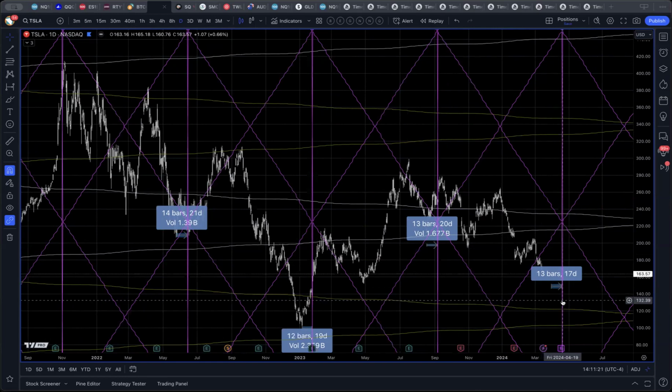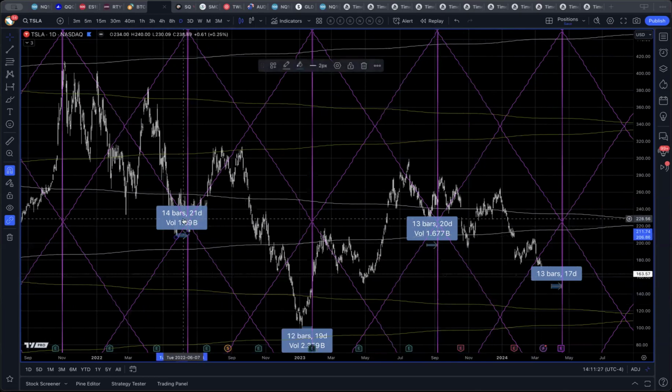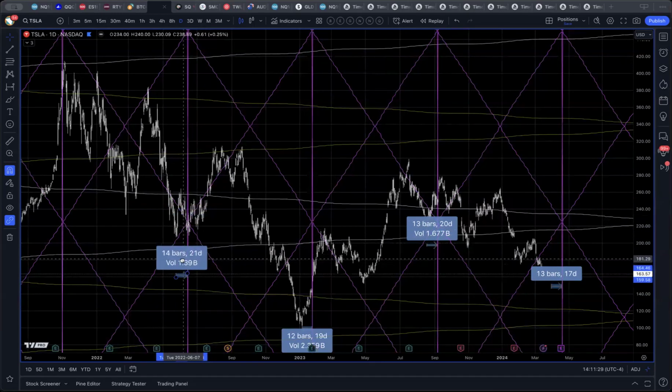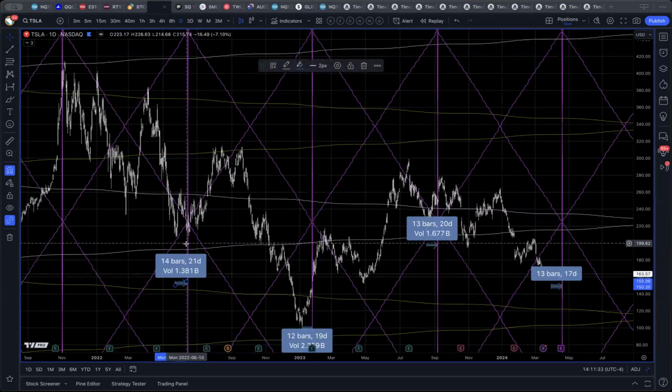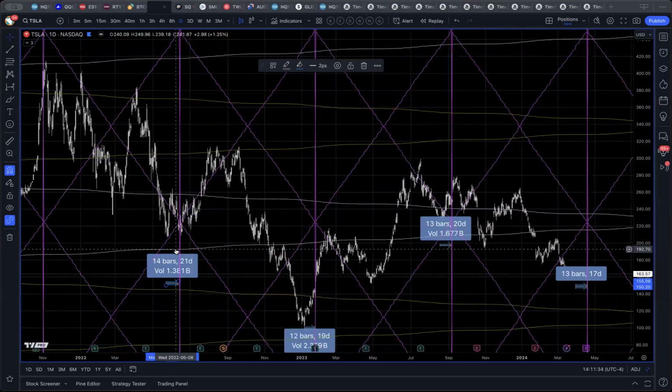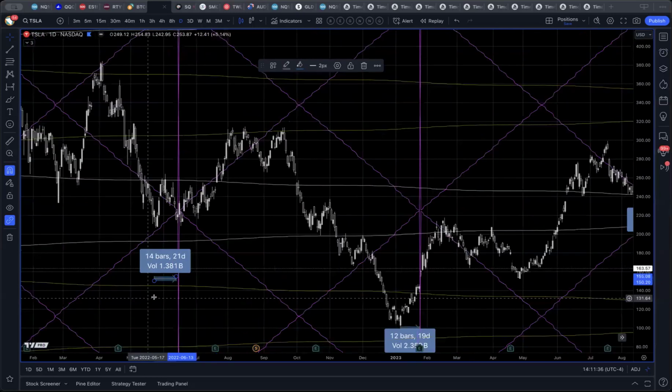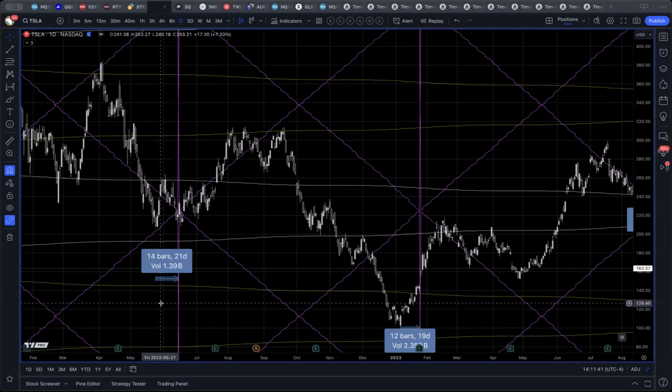All right. And if we go back in time and look at the last three crossovers here, let's just slide that down so it's more visible. We can see that we got very good tradable lows 14 bars before. That was in May of 2022.